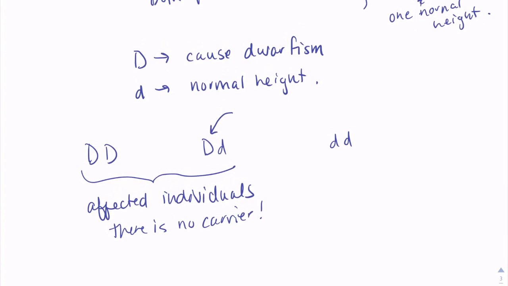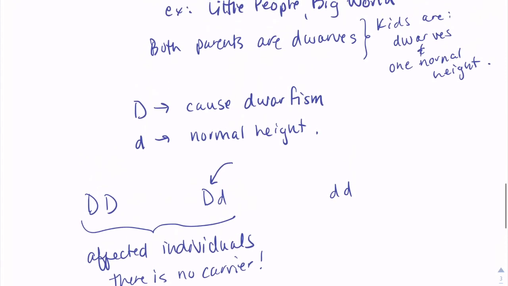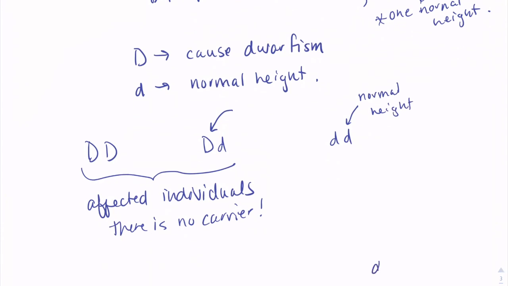All right. So if we look at these parents on Little People, Big World, where both parents are dwarves, but they have kids who are dwarves and one kid of normal height, we know that this is the kid of normal height. And so if they have one kid of normal height, what do we know about the parents?